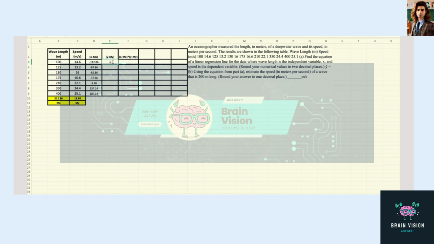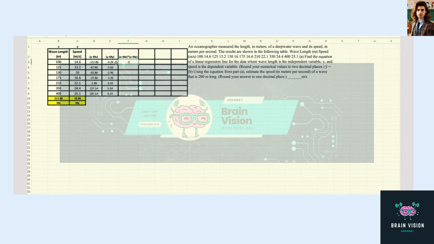Then I'm going to take each one of my y values and subtract 18.86, and drag this down for each of my values. Remember, I'm using this for x and this for y. And bold them and center them.